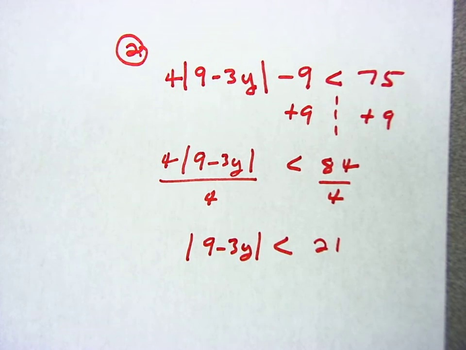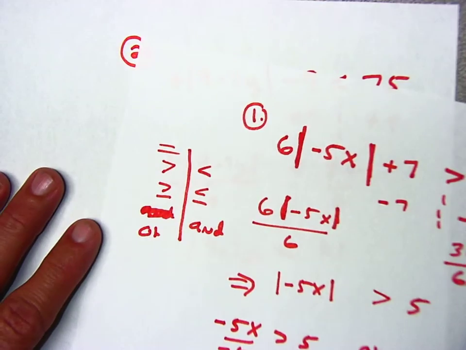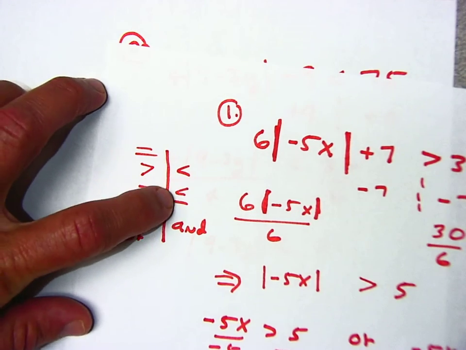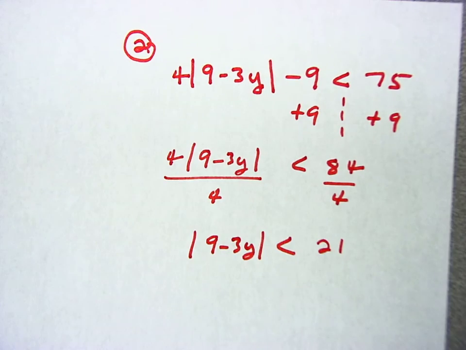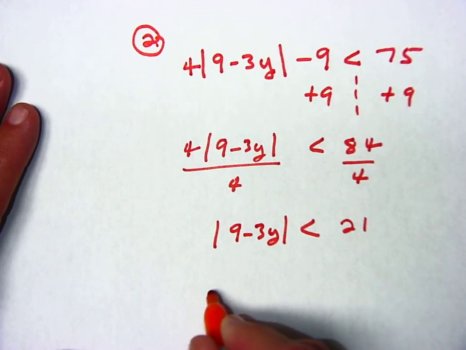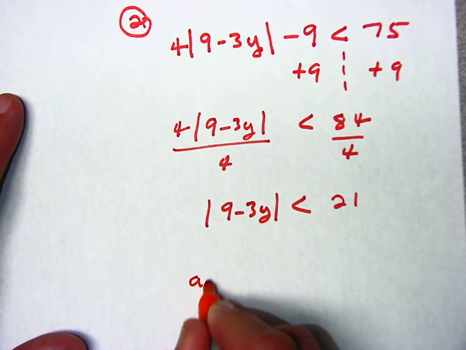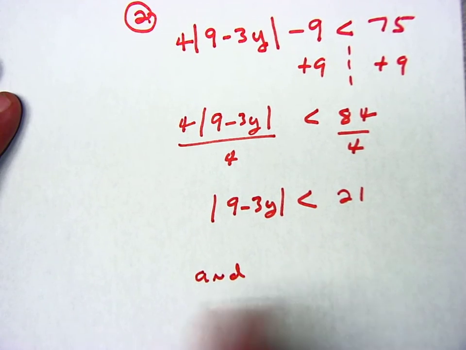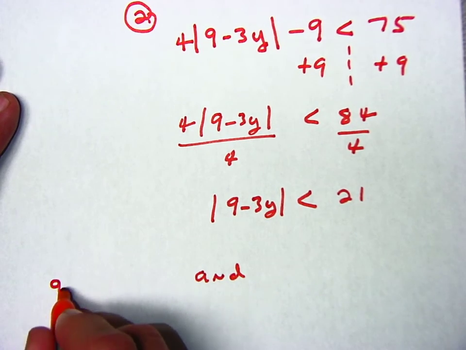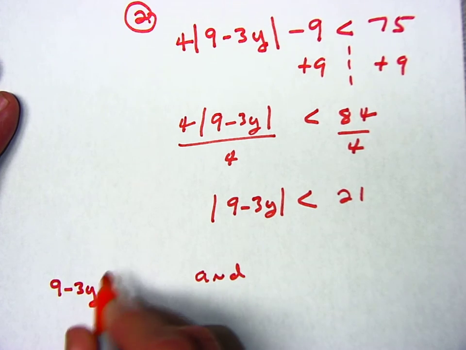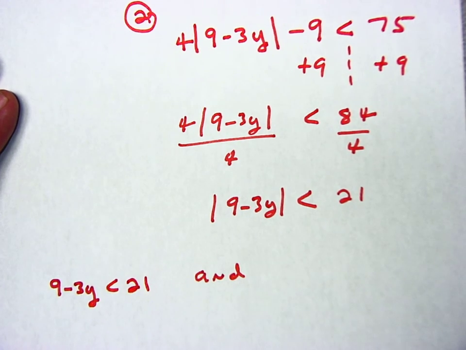Let me bring back that ugly chart that I made. Look at this: less than or equal to is and. So this is going to be an and. I'm going to write that in the middle. The first one is just drop the bars: 9 minus 3y is less than 21.